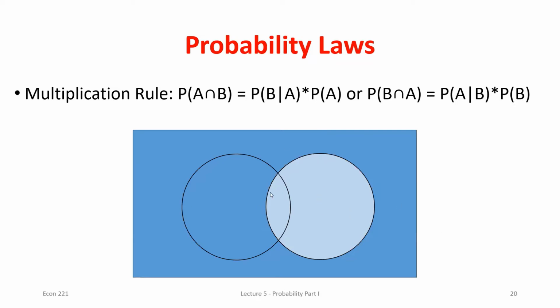I like the visual I did better than this one, so we can kind of ignore this. But the idea would be, if I'm looking for the probability that I see A and B, what I'm really looking for is this place where they overlap. So the likelihood that I'm in there is, well, first I have to know that A has occurred.